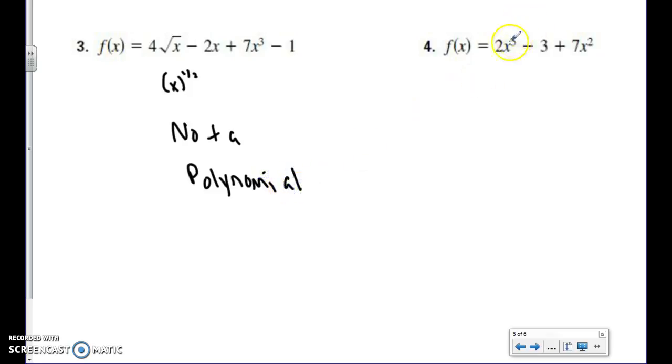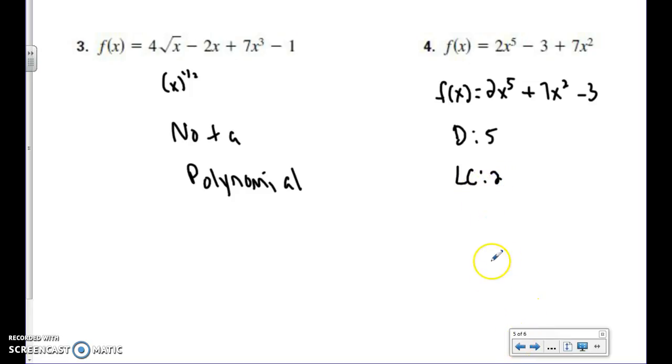Now looking at this, all of my coefficients are real numbers, so we're fine. Are all of my powers whole numbers? Yes. So I can say this is going to be 2x to the 5th plus 7x squared minus 3 in standard form. My degree would be 5, and my leading coefficient would be 2.